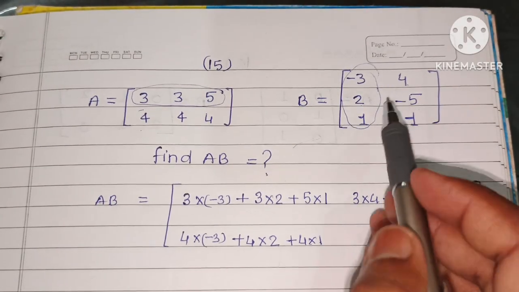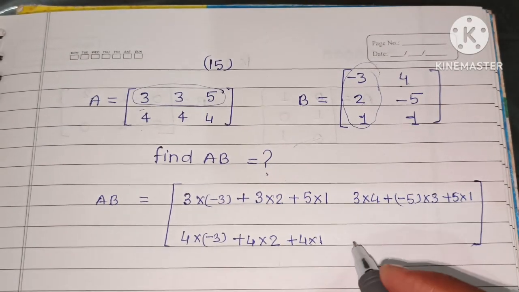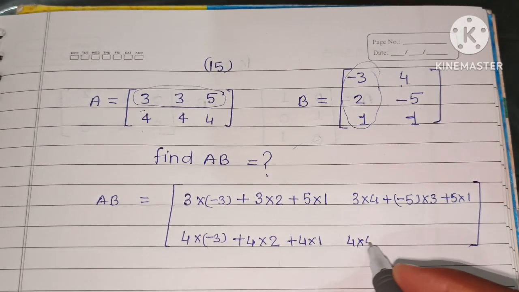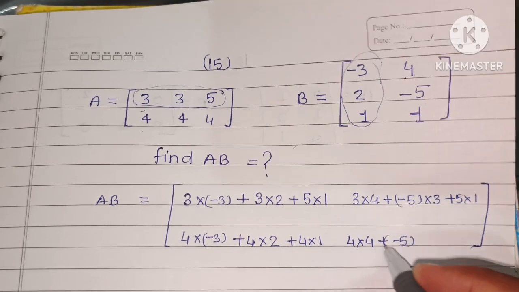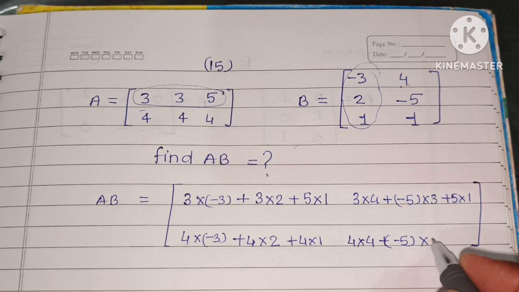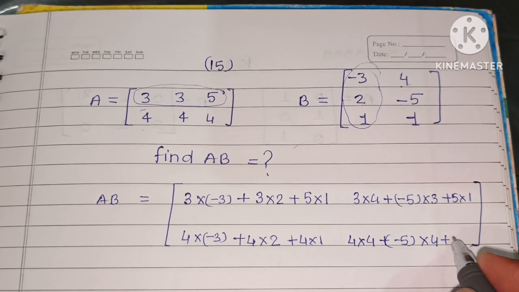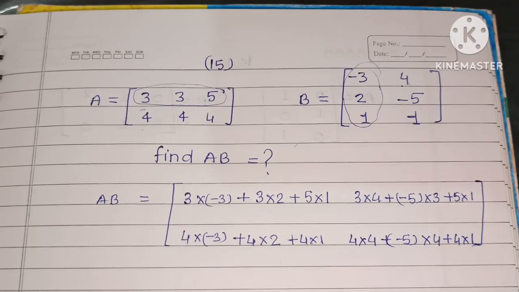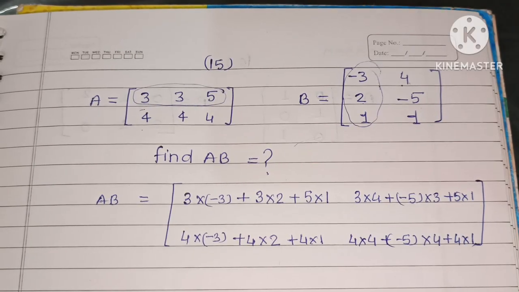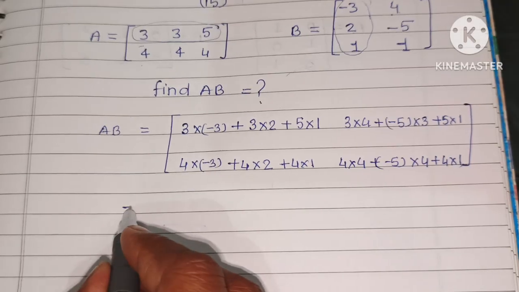Similarly, once again 4 is multiplied by 4 plus minus 5 multiplied by 4 and 4 is multiplied by 1. Now solve this.